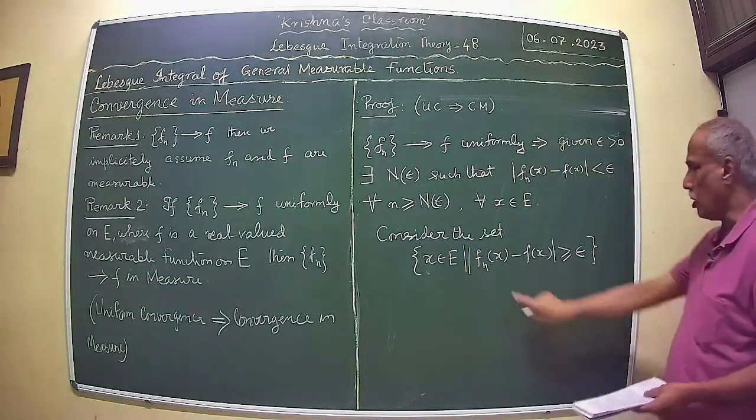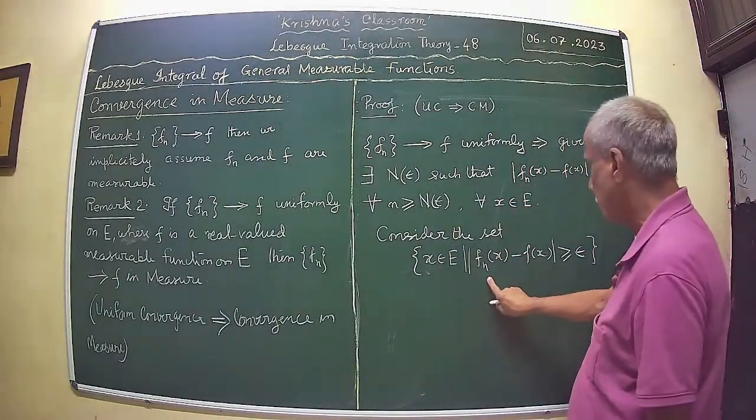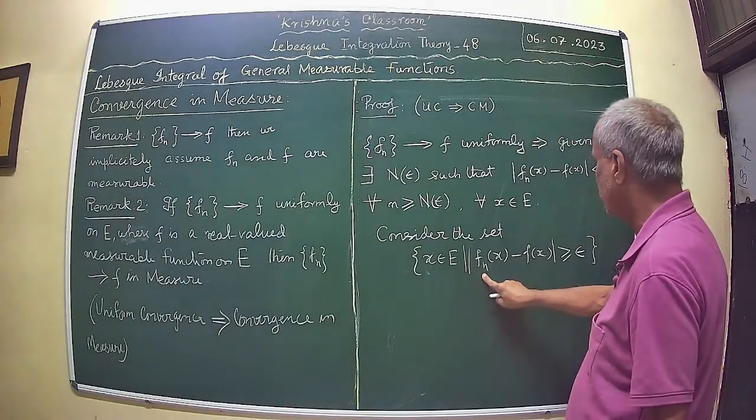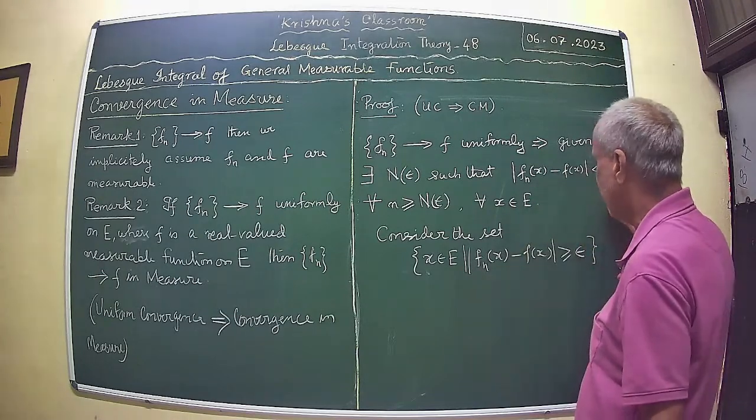For all n greater than N, you see that this is less than epsilon.